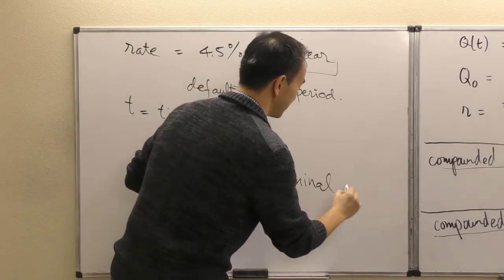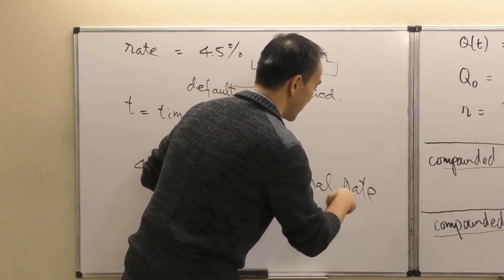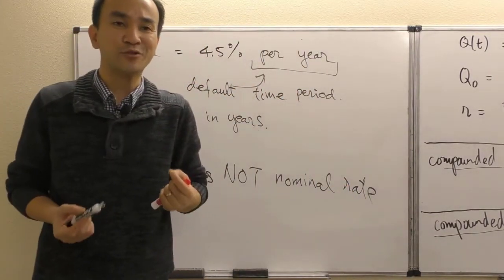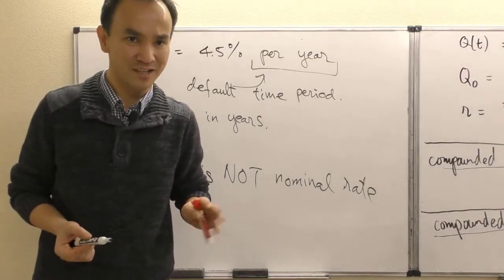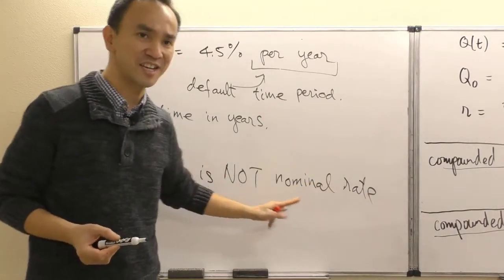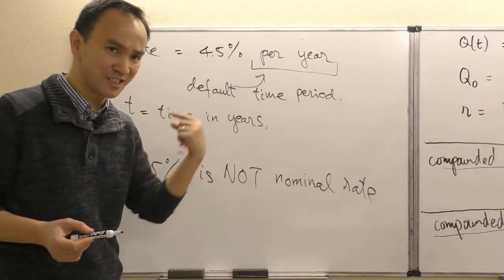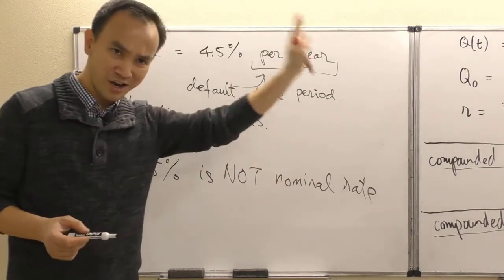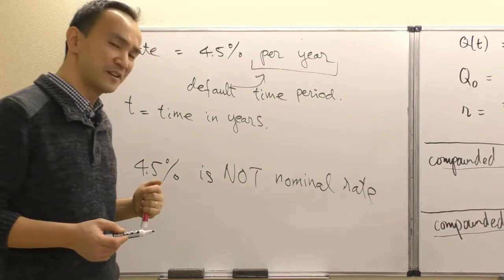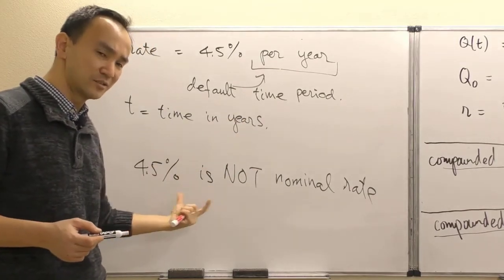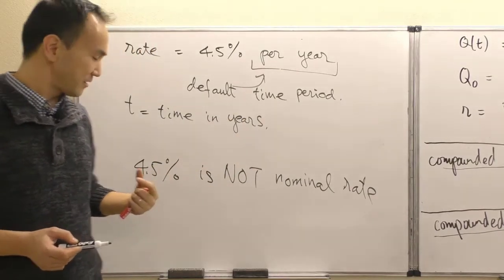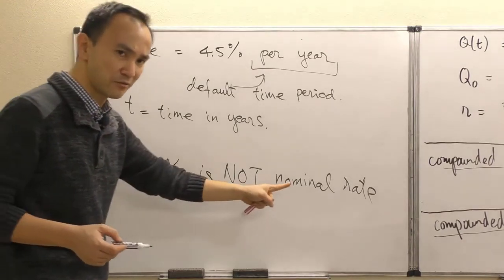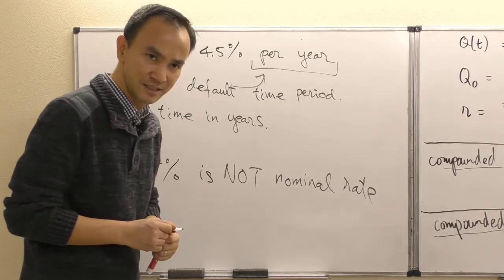And I'm still using some financial math terms right here, even though they're not really applicable to the world of natural processes anymore. But allow me, because we've spent so much time there, and I want to transfer the concepts we've learned in financial math to the outside world. So clearly 4.5 is not a nominal rate.